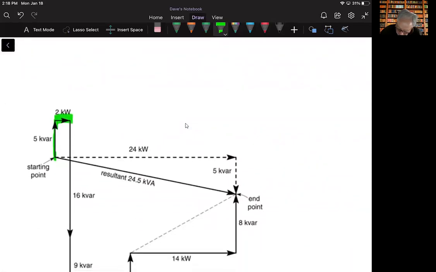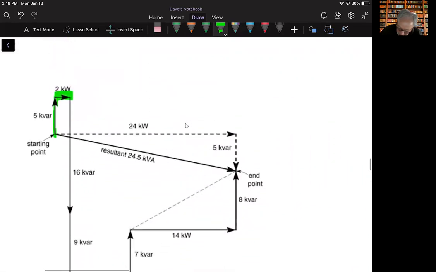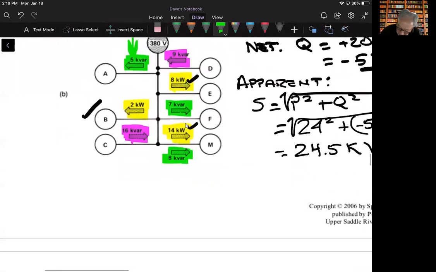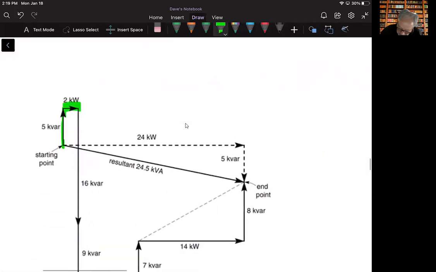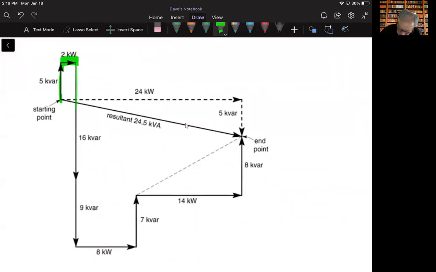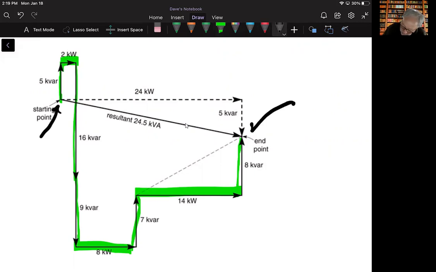And then I had 16 kVAR, the purples. The 2 purples are here to here, plus the 9 here, then 8 here, 7 here, 14 here, 8 here, and then I'm back, and this is my starting point at this stage, and here's my end point here.